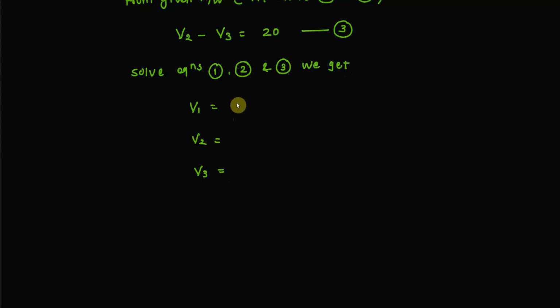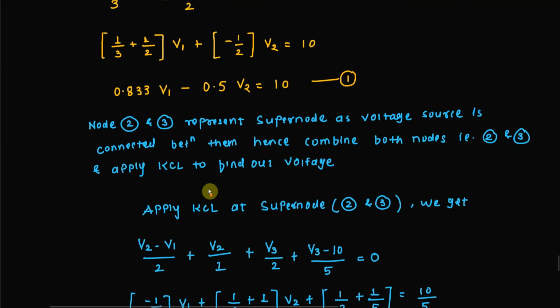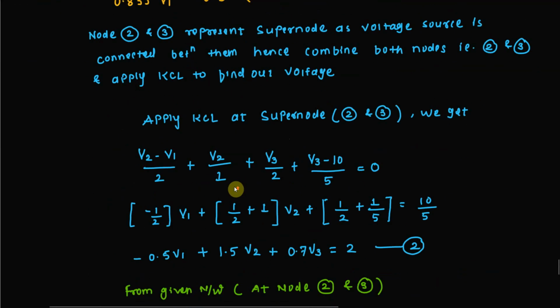I have solved it and I got this answer: 18.95 volt as the V1 value, 11.58 volt as the value of V2, and minus 8.41 volt as the value of V3. So I have found the values of V1, V2 and V3. If there is a supernode, that is the way we will solve it.